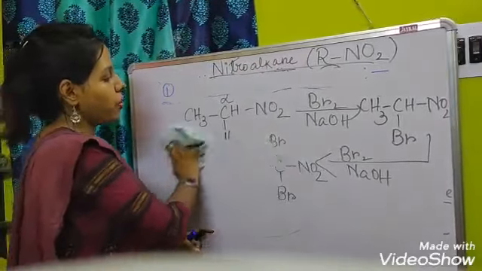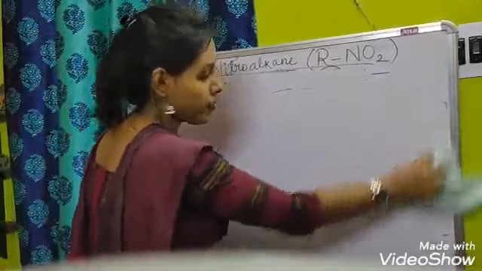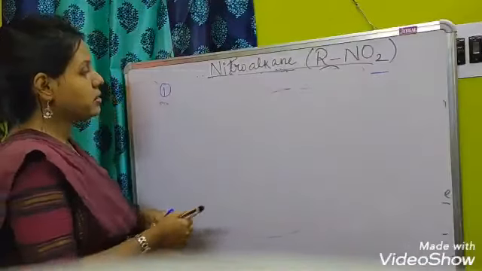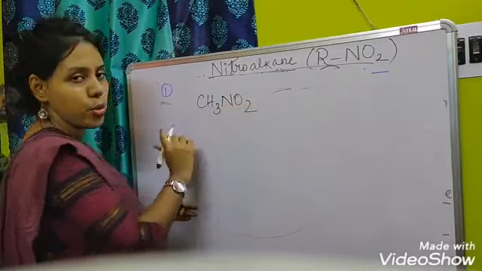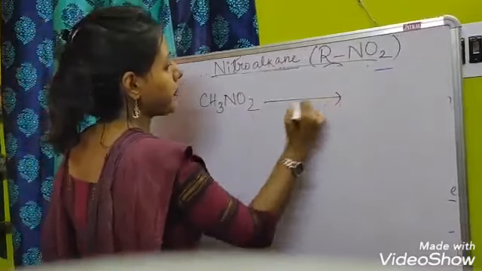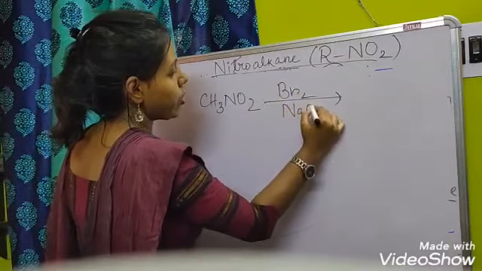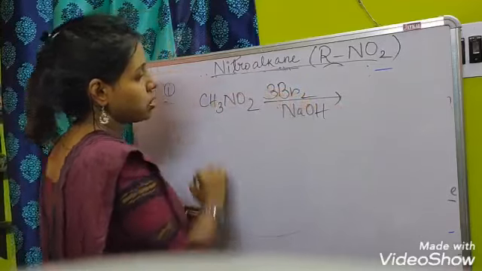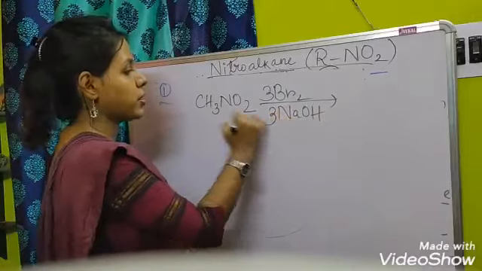Okay, so one example I am telling you: when we are taking nitromethane, that is CH3NO2, and you are adding here excess of bromine in presence of NaOH.